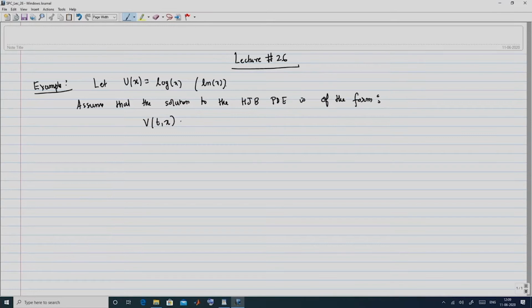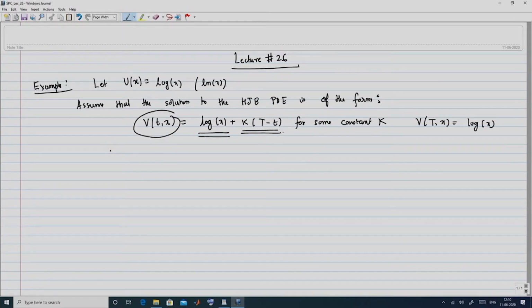Remember, the HJB equation involved the value function V(t, x) is equal to log of x plus some constant k into (T minus t), for some constant k. And here of course, we need the condition that V(T, x) is equal to log x, which obviously is satisfied, because if you put small t equal to capital T, this term becomes 0 and you are only left with log of x.